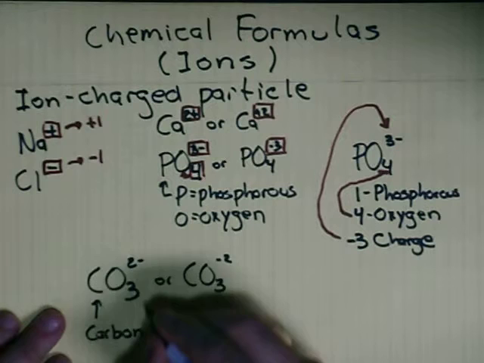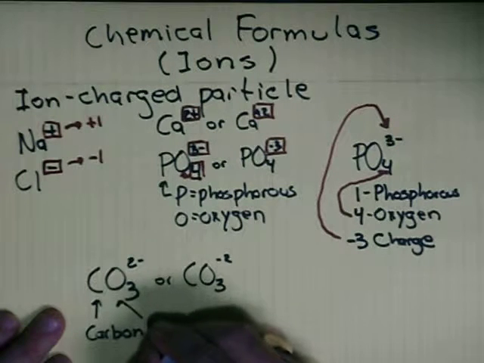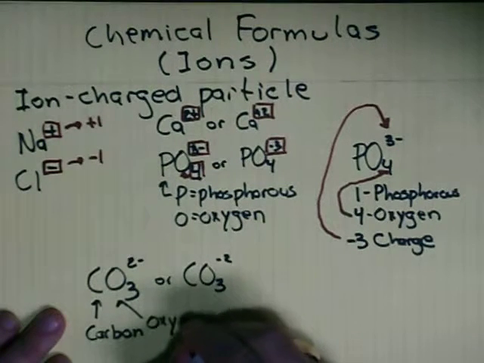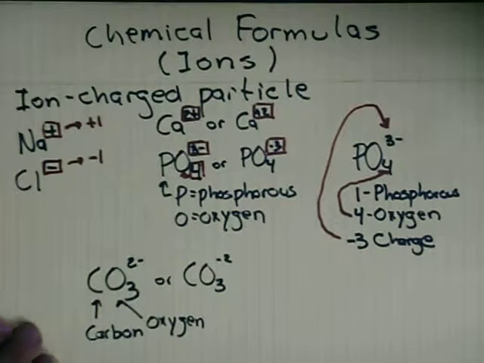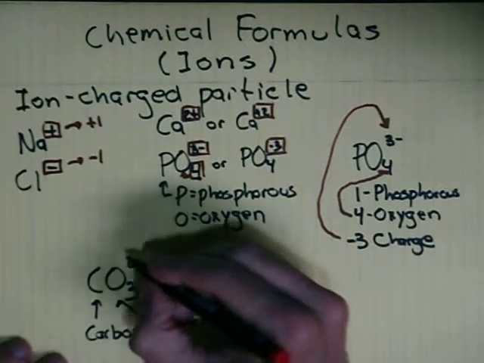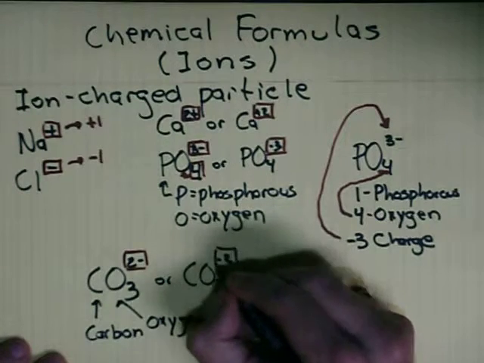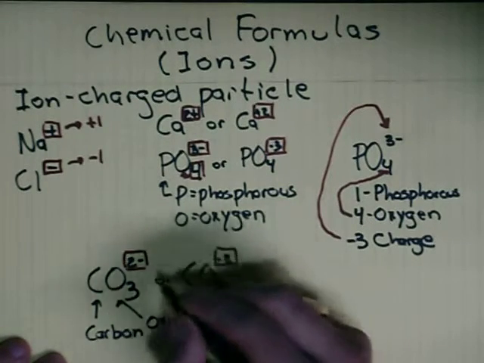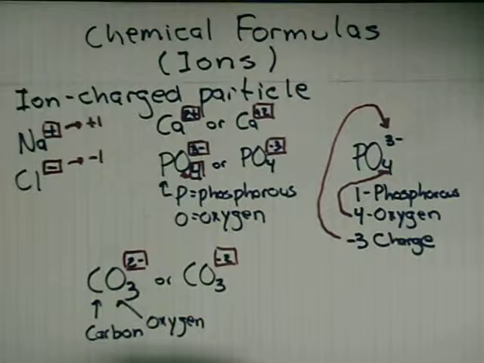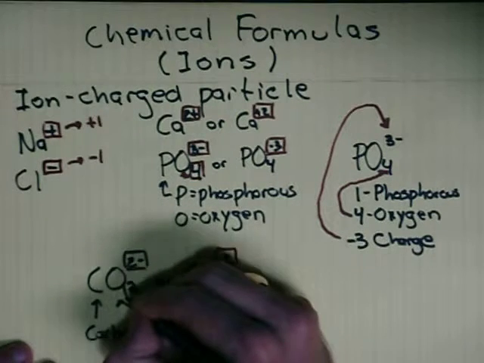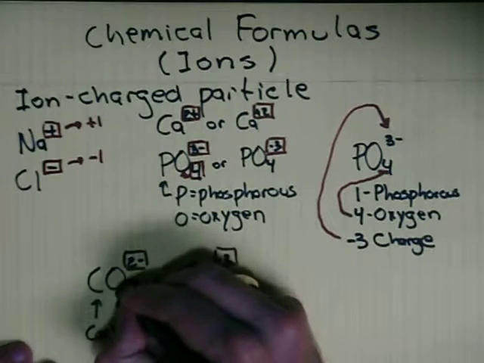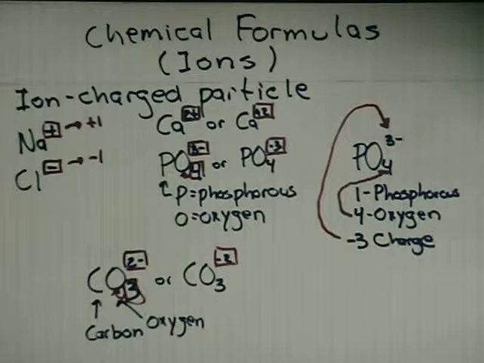C is our carbon, O is our oxygen. We see that we have a charge of negative 2, and then this 3 down in the bottom tells us that we have 3 oxygens.